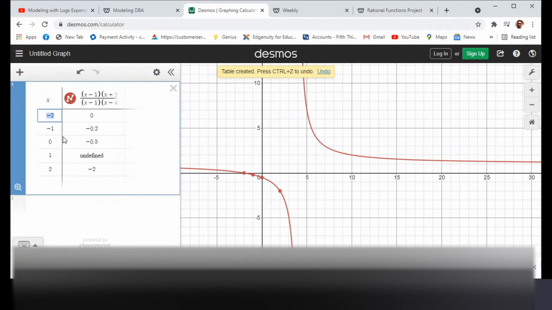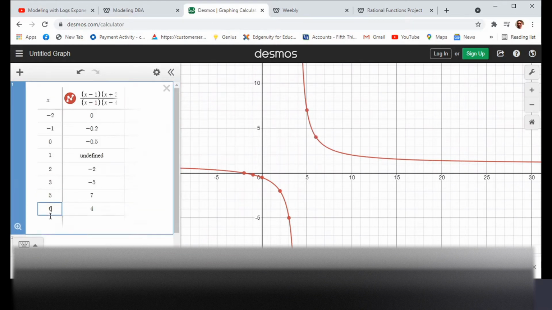And we're going to get some ordered pairs. The ordered pairs don't have to be exact, but we just want to pick some points around 0. And it's nice having all those dots show up so we can kind of know how the graph's going to look. So I'm going to take these ordered pairs. I'm going to plot the graph. And I want to show you.